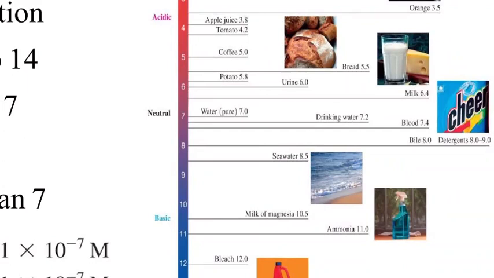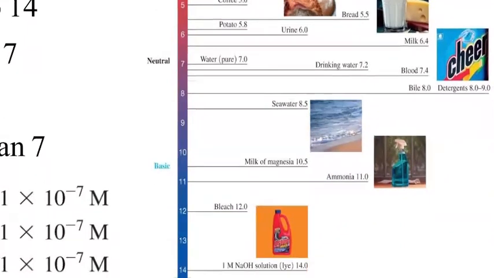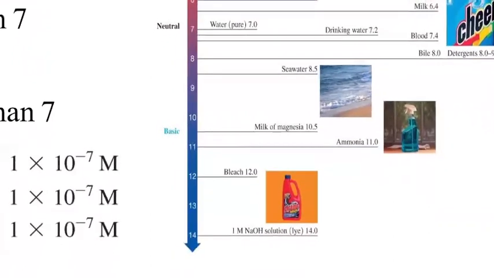On the basic side, among things that are considered bases, we have detergents, seawater, and products like Windex, which is a solution of ammonia. Bleach is actually basic. And here we have a 1 molar solution of NaOH.